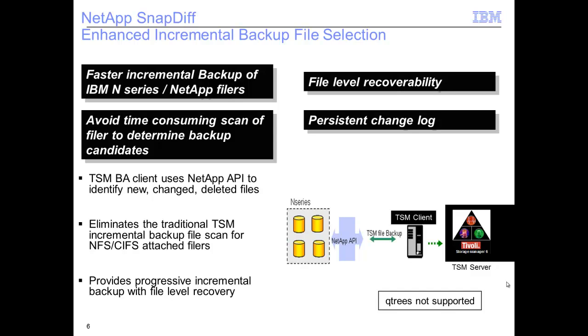The nice thing about the SnapDiff functionality is we don't have to go through and scan the entire filer to determine which files have changed since the last backup. Instead, we're using a combination of persistent change logs and snapshots to determine what's changed since the last backup. So the end result is that we'll get faster backups and restores will be at the file level.